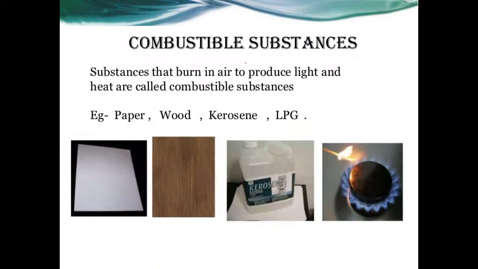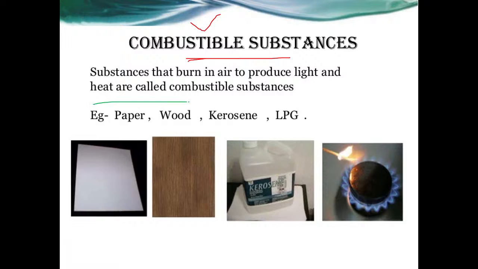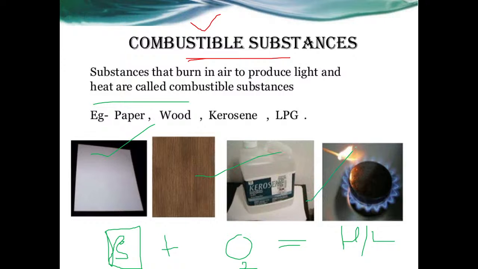Now, combustible substances. Combustion can be divided into combustible and non-combustible substances. A combustible substance is one which burns to produce light and heat, meaning it catches fire easily. Examples are paper, wood, kerosene, and LPG.